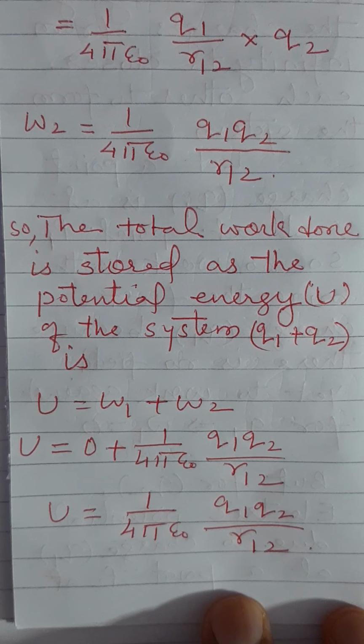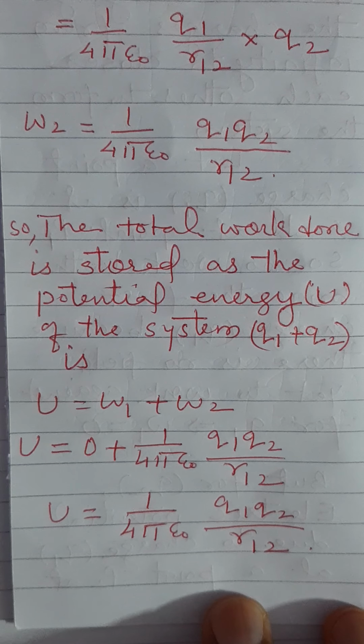But W1 is 0 and W2 is 1 by 4 pi epsilon naught Q1 into Q2 by r12. So the total potential energy for two charges is given by U equals 1 by 4 pi epsilon naught Q1 into Q2 by r12.